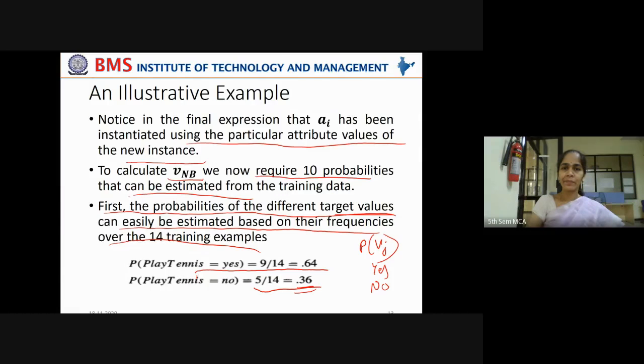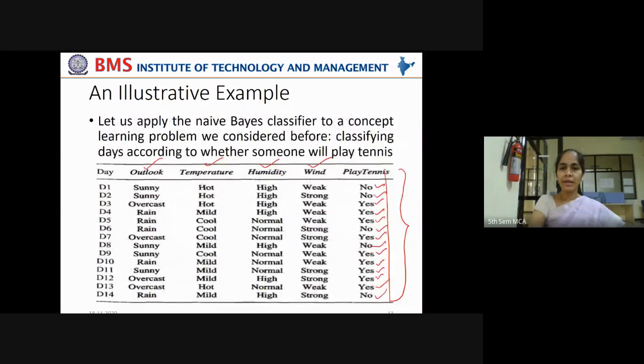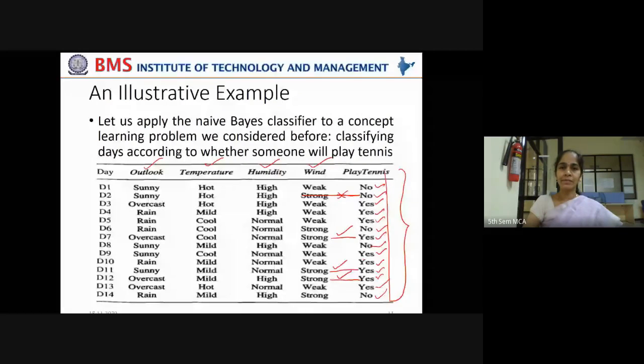Let us see. Here, wind value is strong, but outcome label is no. So let us not consider this. Wind value is strong, outcome label is yes. Count it, 1. Wind value is strong, outcome label is yes. Count it, 2. Wind value is strong, outcome label is yes. Count it, 3.